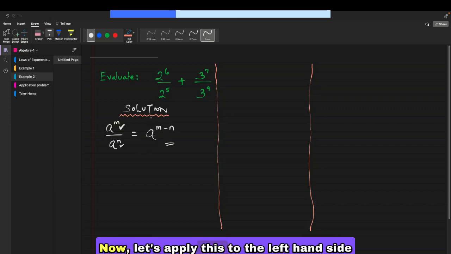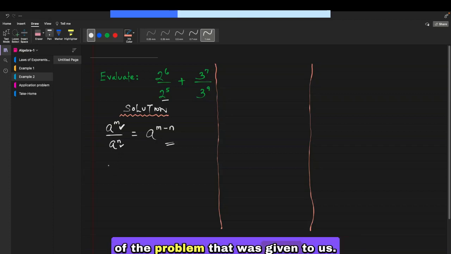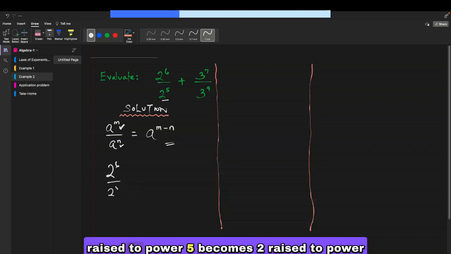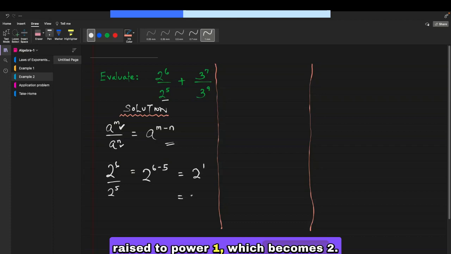Now let's apply this to the left-hand side of the problem that was given to us. So 2 raised to the power 6 divided by 2 raised to the power 5 becomes 2 raised to the power 6 minus 5. And that is equal to 2 raised to the power 1, which becomes 2.